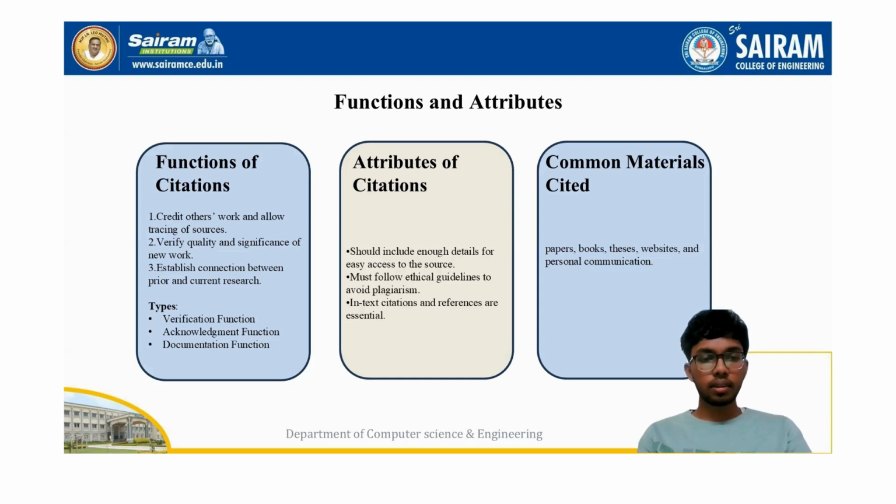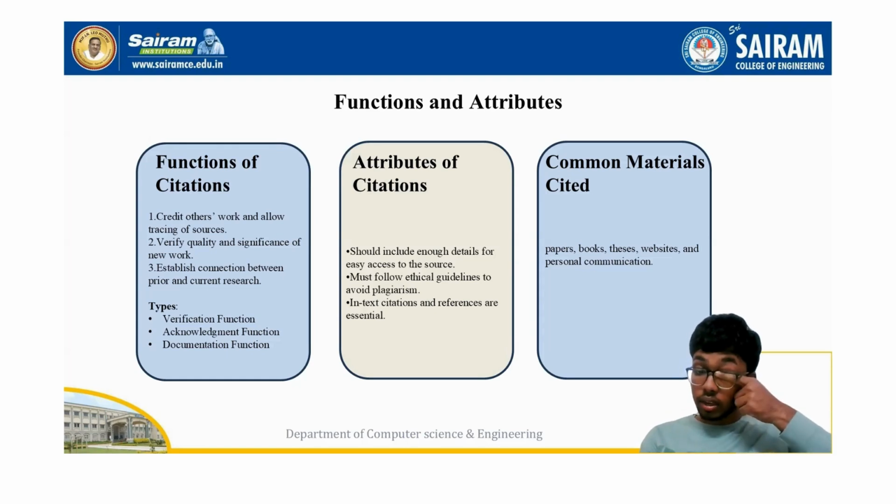In the functions of citation, we involve three types: verification function, acknowledgement function, and documentation function. In the verification function, citation helps the reader to verify the accuracy and legitimacy of the information.